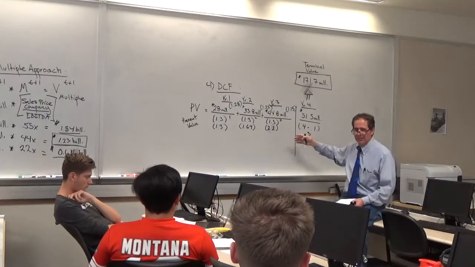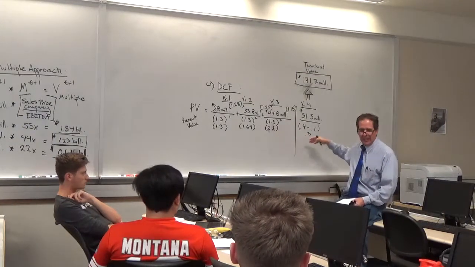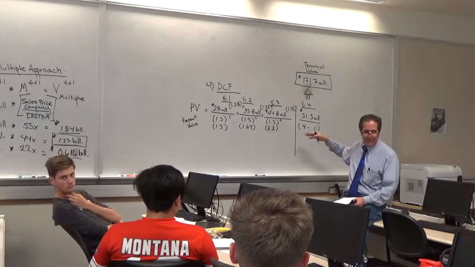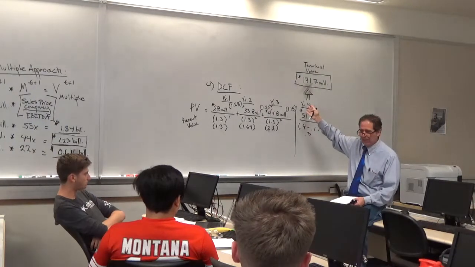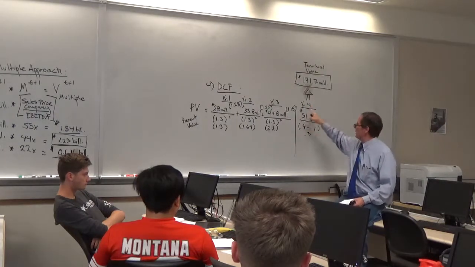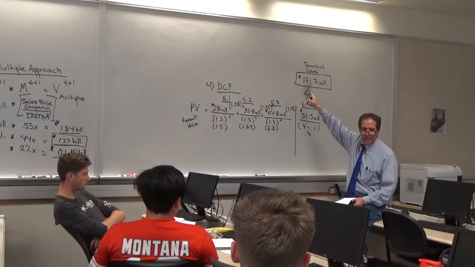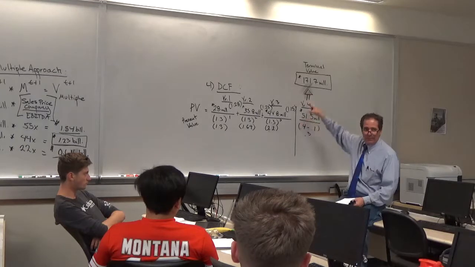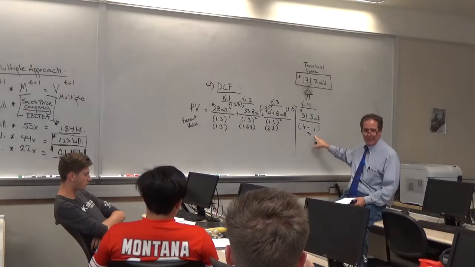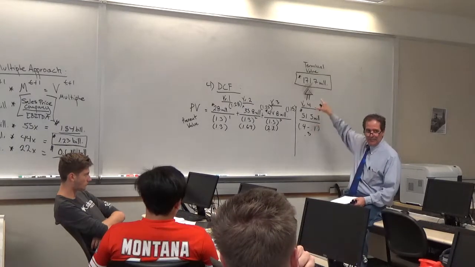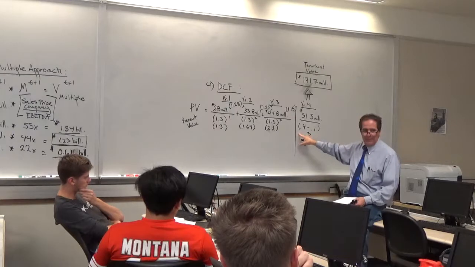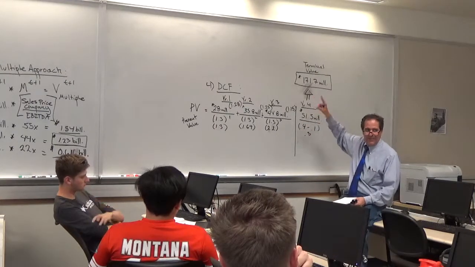What does that assume? If you're using a lower discount rate and a higher growth rate, what happens to the terminal value? Is it higher or lower? If this goes down, the terminal value goes up. Okay? Let me do it again.